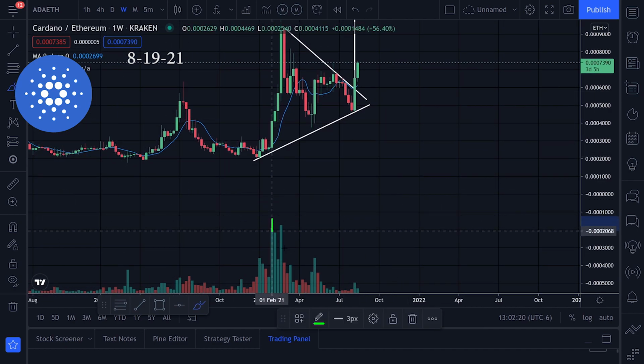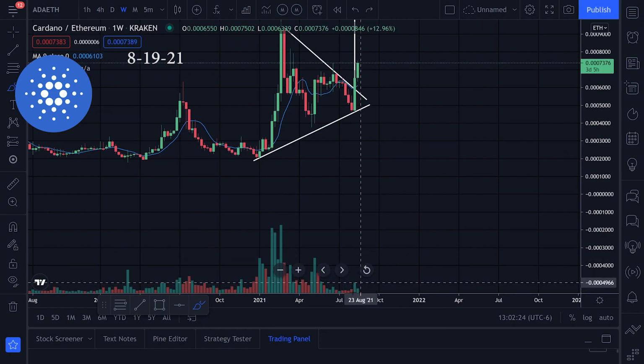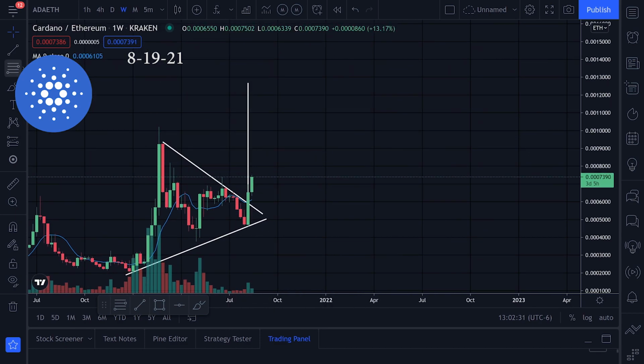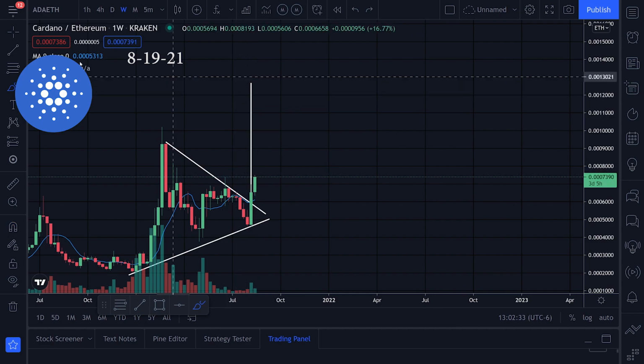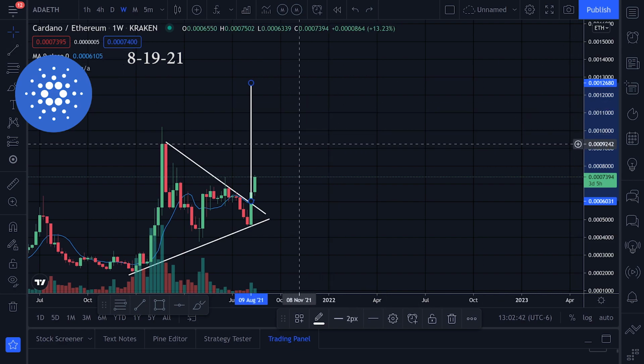Like I said, the volume is declining and there's a few green candles. It'd look better if there were a little bit more, but we might get more. But anyways, we're looking at a target of somewhere up here, which is, let's see, this is Cardano to Ethereum, so it'd be 0.001268 Ethereum for 1 Cardano.